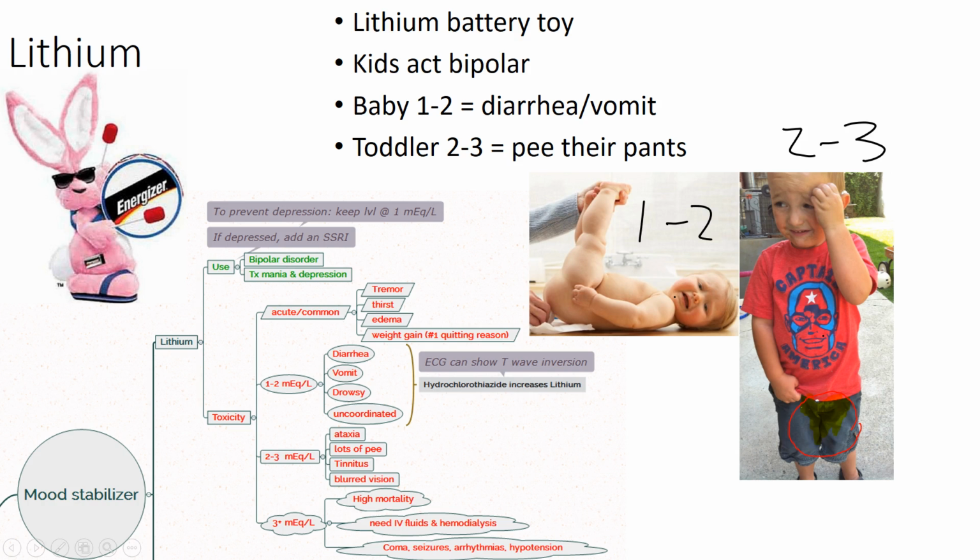And now when we get to 2 or 3 years old, these older kids, they've usually got things together. The only problem is that sometimes they'll still pee their pants, okay? And they also move funny. Little 2 and 3 year olds are running around all funny. So maybe you think of a little story here, and you imagine this 2 or 3 year old peeing his pants, because lithium makes you pee all the time.